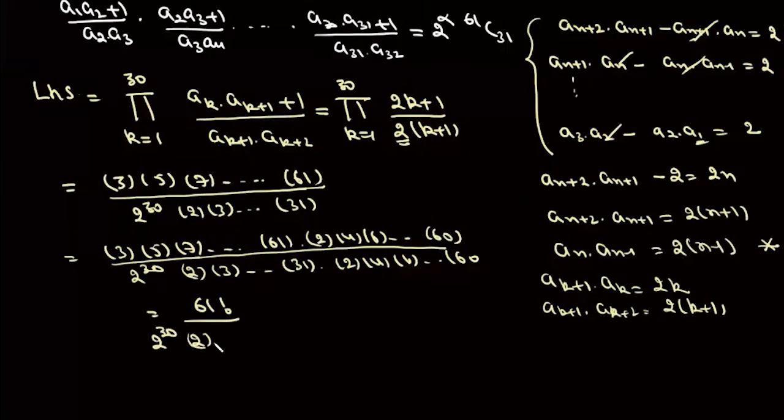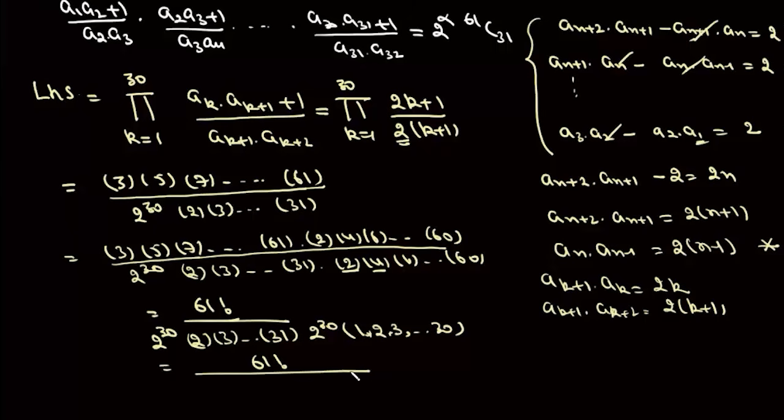Now this is 2 to the power 30. This is 2, 3, 4 up to 31. And here if we take 2 out from each of these 30 terms, we'll get 2 to the power 30. And then we'll have 1, 2, 3 up to 30. So it'll be this factorial 61 divided by 2 to the power 60. And this is factorial 31 by factorial 30.